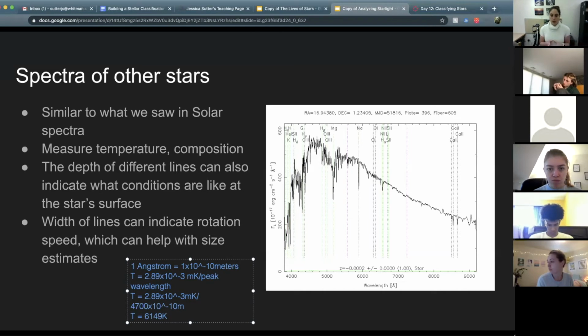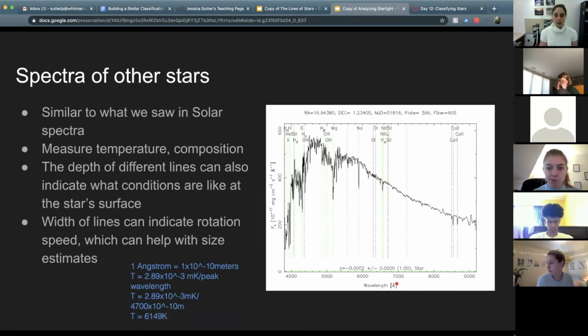So just to be really careful, if you see this angstrom symbol, that's going to be 10 to the minus 10. The other thing you might see sometimes is that we'll work in nanometers in terms of wavelength.